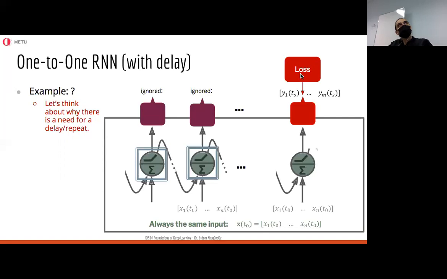And since this is the computational graph, the gradient of the loss will be backpropagated from all these directions. If it was a one-to-many problem, the loss would have been calculated from all these boxes, and the gradient would flow from multiple sources. So ignoring is all about the training part. That's how you ignore it. And in practice, after you train it, you ignore that output. That's how it works. But the important part of ignoring is how you train it.